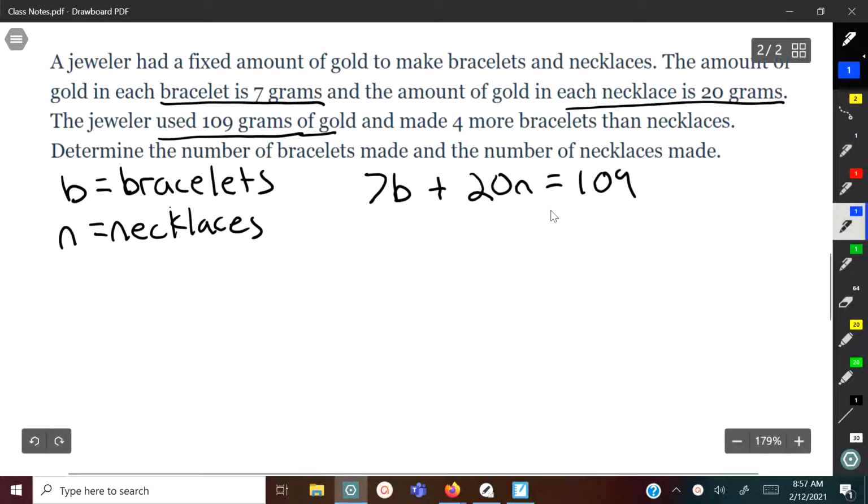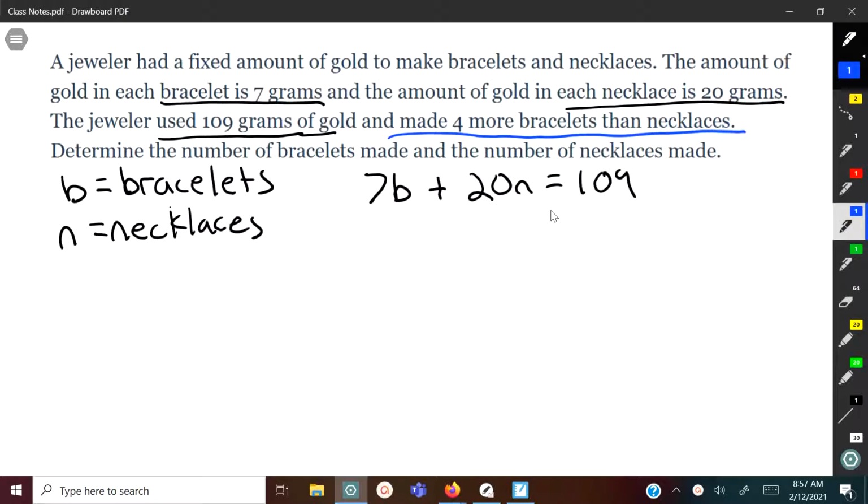Now we're going to do another equation. It says here there are 4 more bracelets than necklaces. So again, we have bracelets and we have necklaces. They're equal if you change one.